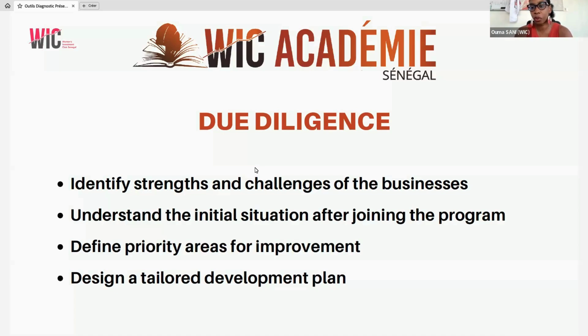When we launch the program, we have about 20 entrepreneurs in the cohort, and we do an assessment with each of them to understand their situation, where we want to go, and how we can support them through the different steps.